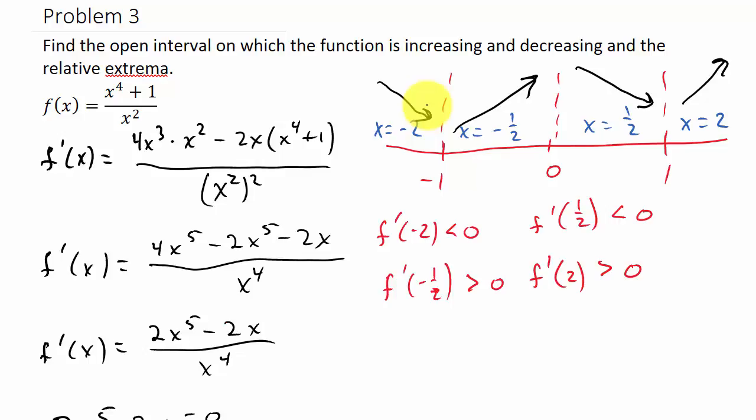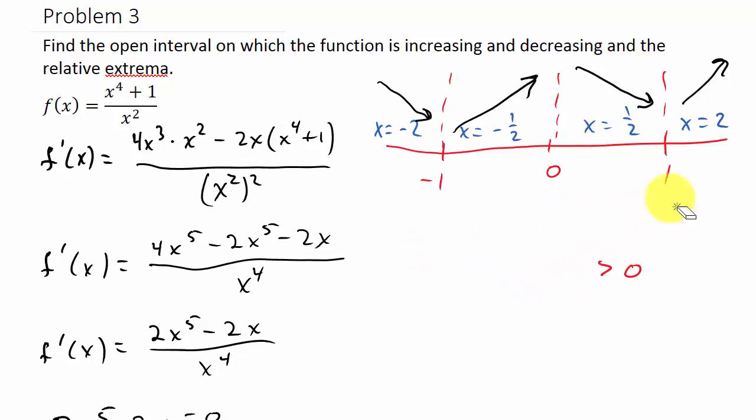Alright, so now let's look at this. I'm going to erase this so I can have a little more room. Alright, so here we are increasing from negative 1 to 0, and we're increasing from 1 to infinity.